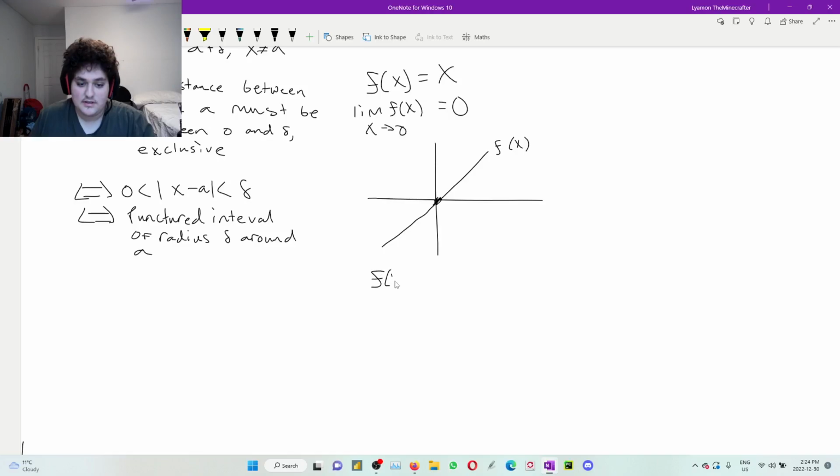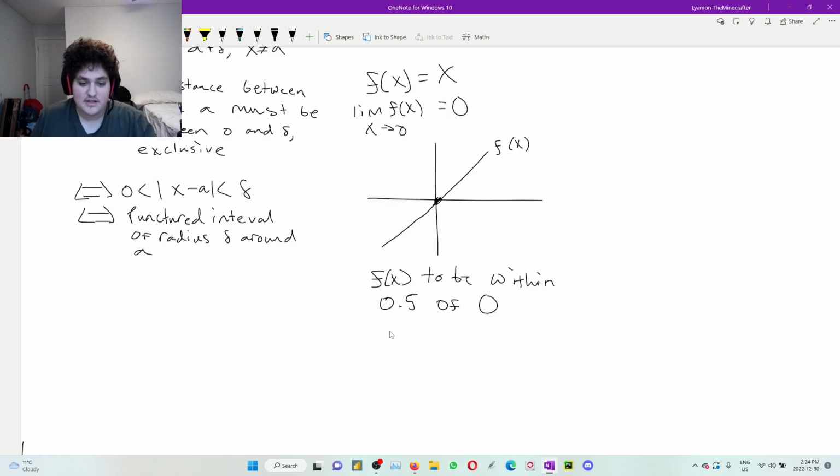f of x to be within 0.5 of 0, and this is of course exclusive, so f of x will not be 0.5 from 0, it'll be less than 0.5 from 0.